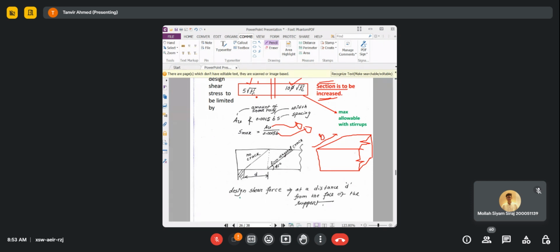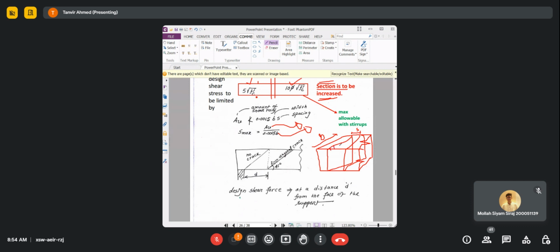And say for example, you have stirrups like this, and place another stirrup here. This distance is S, so the spacing between two stirrups is S. Now, what is BS?